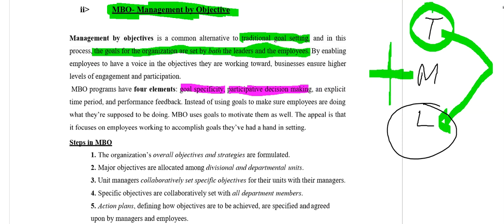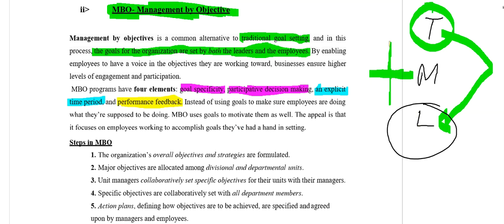Number 3, an explicit time period. We have decided the time period, as we have studied that goals are short term, medium term or long term. And number 4, goals have performance feedback.